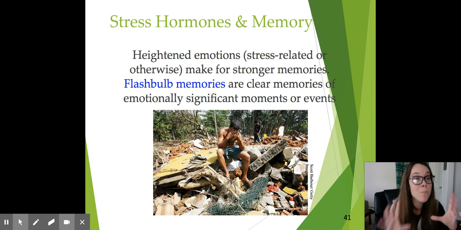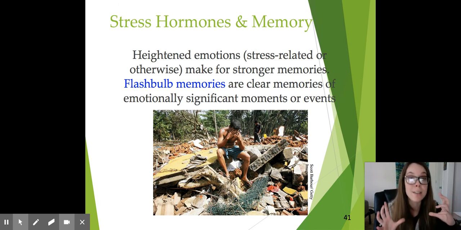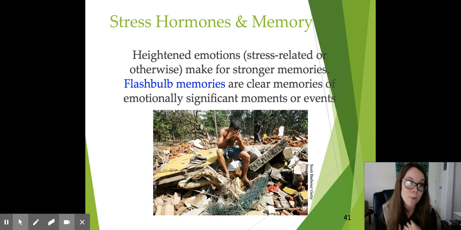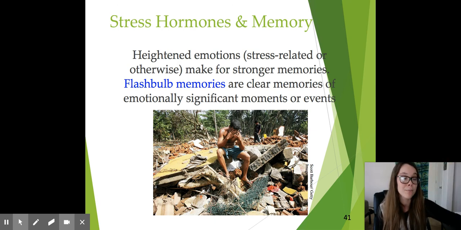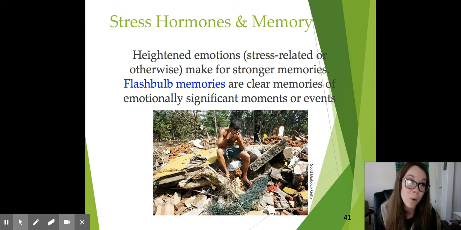So flashbulb memories are clear memories of emotionally significant events. So again, I think of 9/11 for me. I remember the days where some of my family members have passed away, right? So these are strong emotional memories that automatically skip the working memory and sensory memory and go right to long-term, okay? Because our brain does it automatically because it knows it's important, okay?